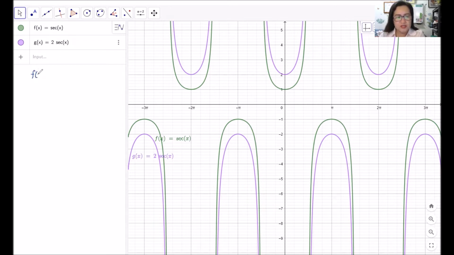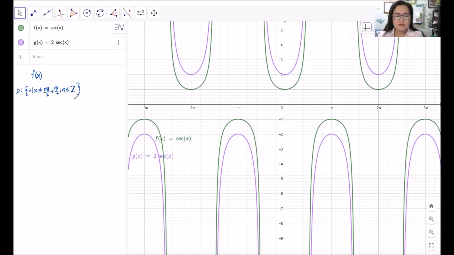In f of x, remember that our domain is the set of all x's such that x is not equal to n pi over 2 plus pi over 2, where n is an element of the set of integers.